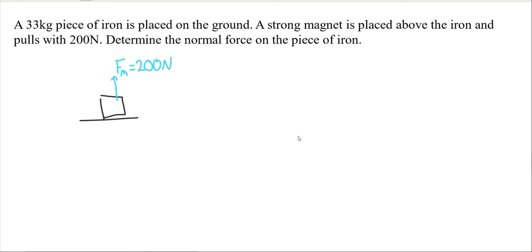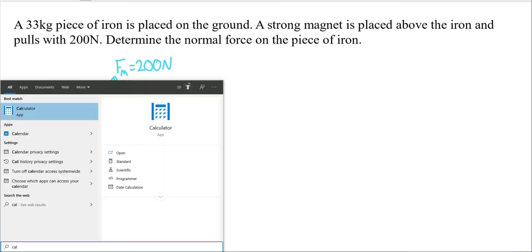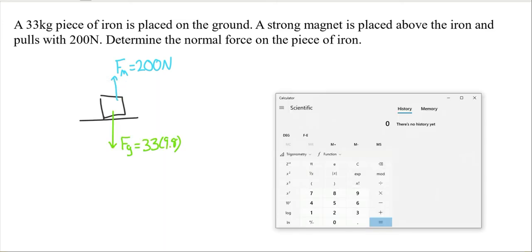Well, thinking about this, we got some gravity. And now gravity is going to be our mass times 9.8. Right? So if I were to bring up my calculator, 33 times 9.8, 323.4 newtons.